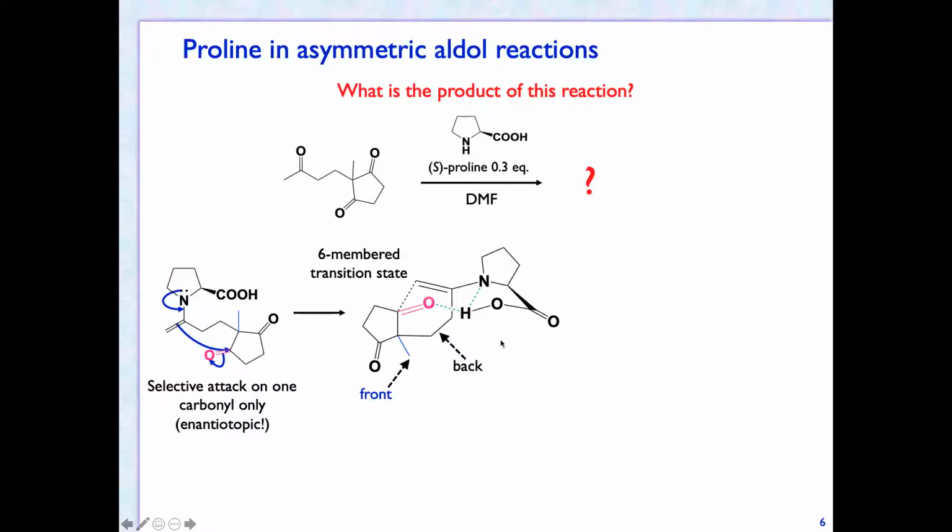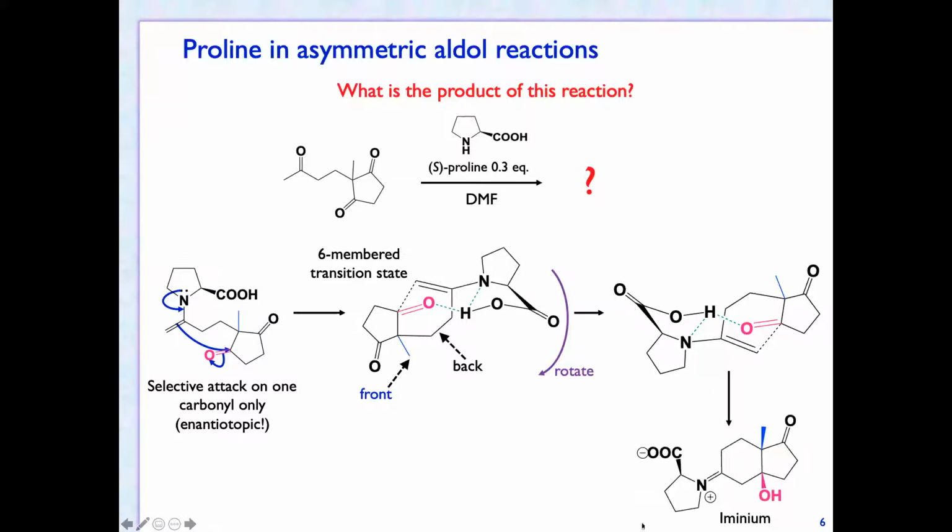So if we now rotate this transition state that we have, we obtain this situation here, from which we release our iminium, okay, guys. And from here we can easily hydrolyze.